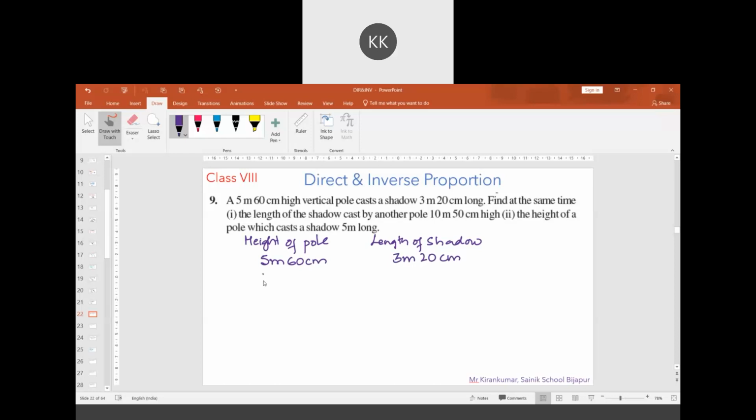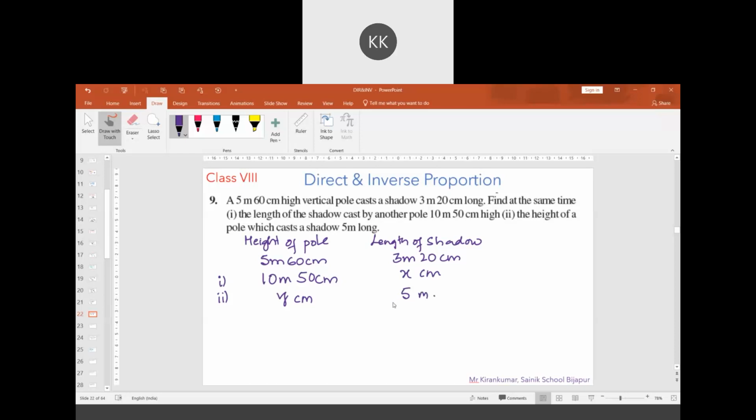In the first case, they have given the actual length. We have to find out the length of the shadow. This is in the first case. In the second case, we have to find out the length of the pole. They have given the shadow length is 5 meter.